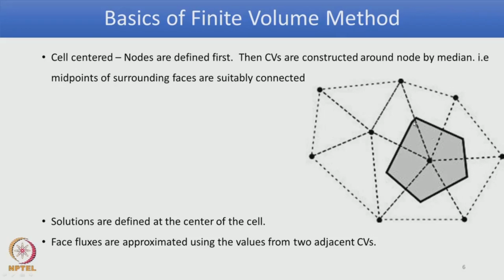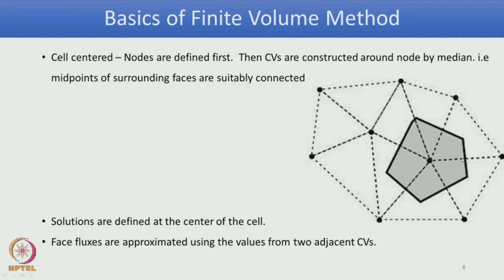So, if you look at this figure, there is one vertex here, the immediate adjacent vertex is here, and you take a midpoint and you have a face, the control surface of the control volume, passing through the midpoint. So, CVs are constructed around the node by median or midpoints of surrounding faces which are suitably connected.